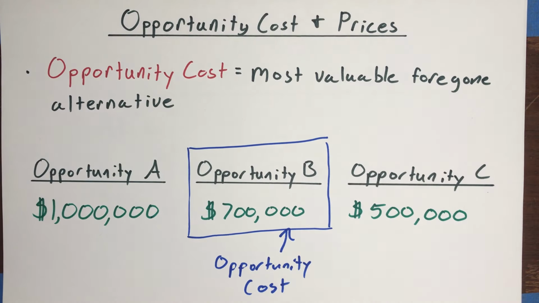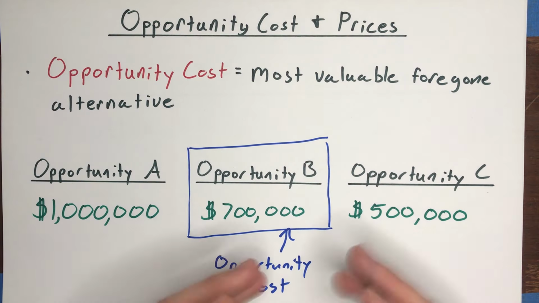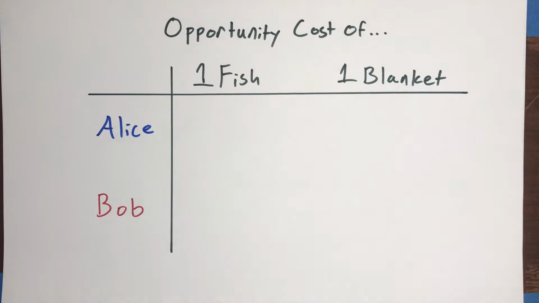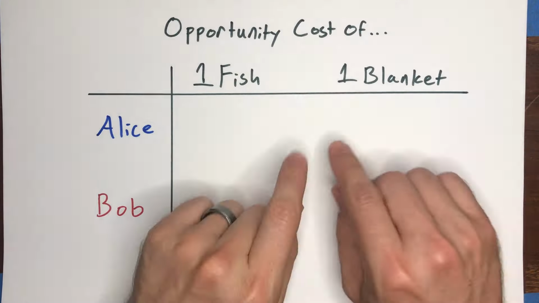But we're going to focus on it in financial terms or in terms of goods and services. All right, so let's take that concept of opportunity cost and apply it to Alice and Bob. In our simple world, there aren't 3 opportunities, A, B, and C. There are only 2 productive opportunities. There's fish and there's blankets.